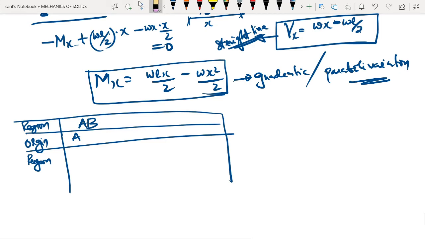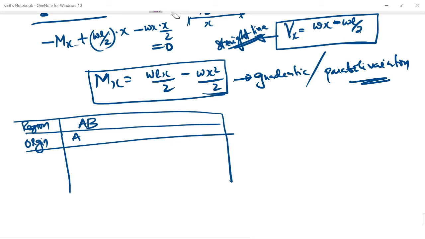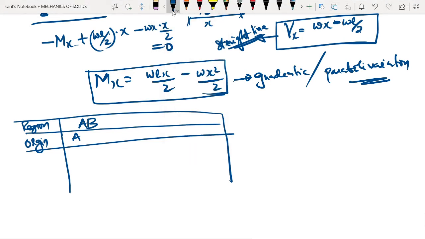Next we have to write expressions for the shear force and the bending moment. So the expression for the bending moment is wLx by 2 minus wx square by 2. This is the expression for bending moment.